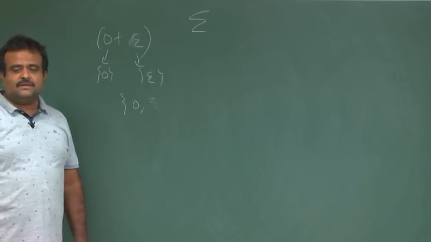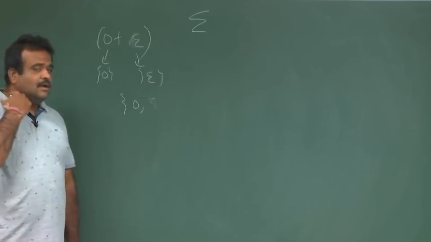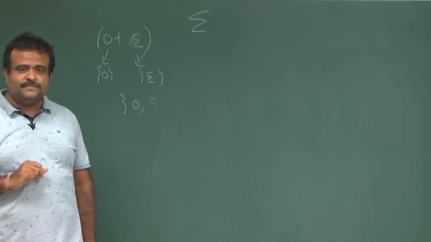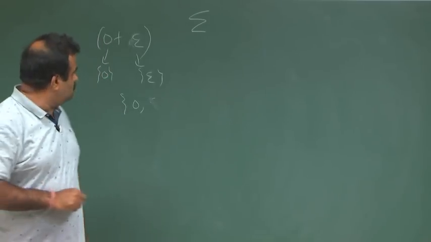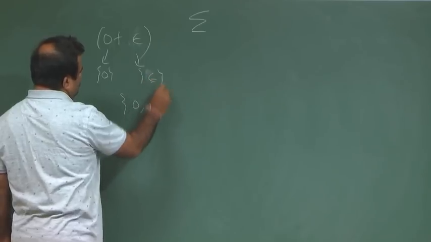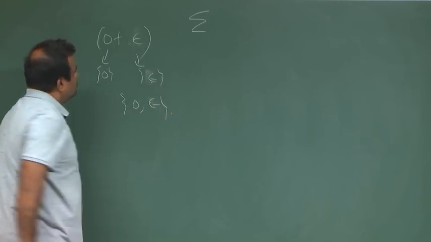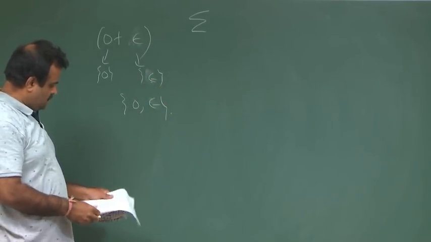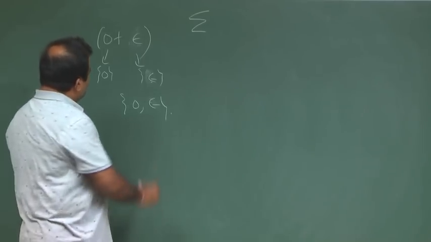Sigma is the set of alphabet and epsilon is the null string. Null string is denoted by epsilon, we know. So, this is epsilon, this is this set. Okay. So, this is this language.